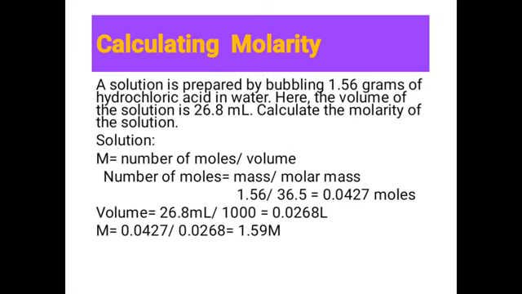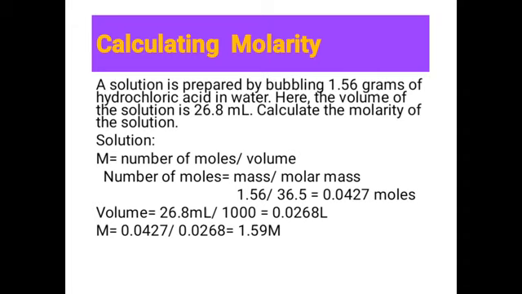But here our focus is usually on mole per dm cube, or molar. Wherever you see molar, it is the same thing as moles per dm cube. That means the amount of substance in moles over volume in dm cube.